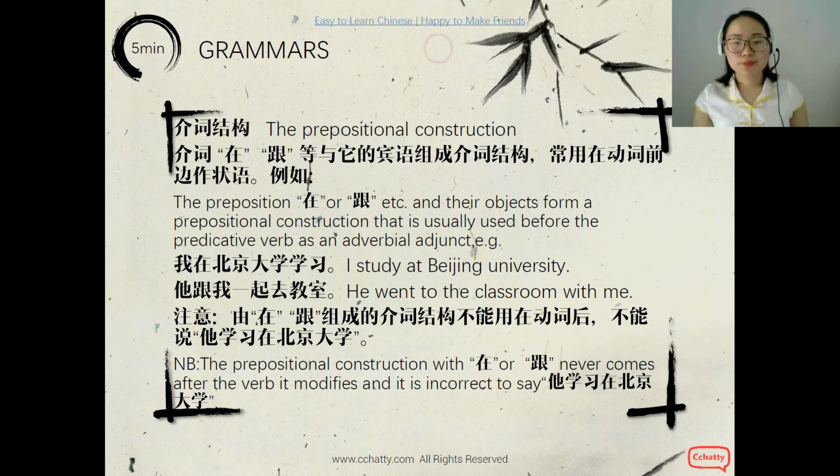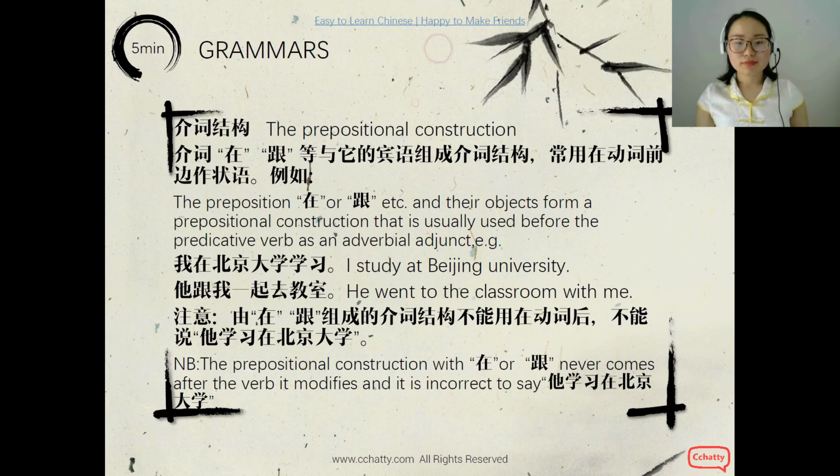I'll give you an example. I study at Beijing University. 我在北京大学 is subject plus 在北京大学, at Beijing University. 学习, study, we put at the end. It's the predicate verb in this sentence.